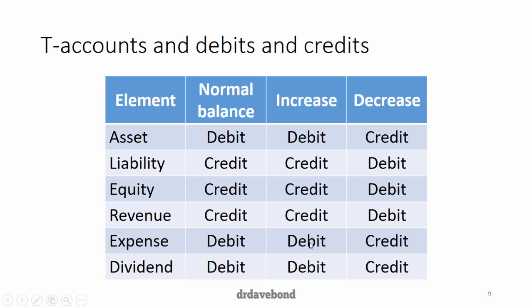Revenues and expenses do the opposite. Expenses decrease equity, so expenses are debited because it's the opposite. And dividends ultimately decrease equity because when they get paid, they come out of retained earnings, thus decreasing equity. So dividends do the same thing as expenses, so they get debited as well.